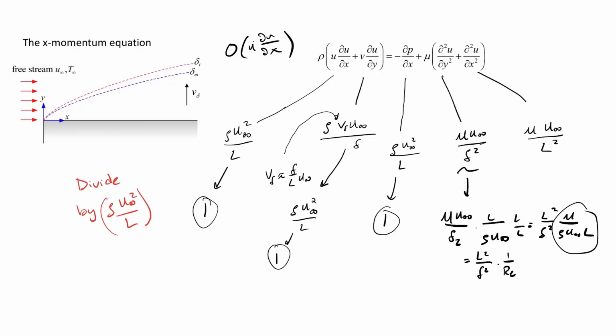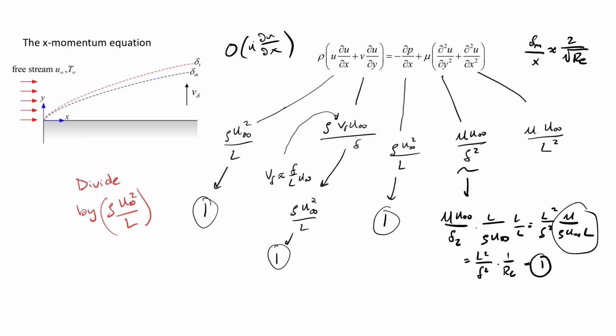The relationship for the boundary layer thickness, delta: delta divided by x is approximately equal to 2 over the square root of Reynolds number. Okay, so we have that relationship. So if we actually use that relationship here, it turns out this becomes basically 1. Right, so this is on the order of magnitude of 1.